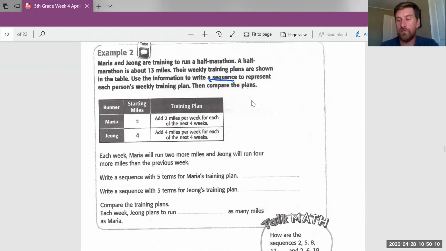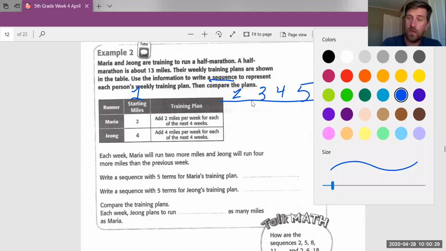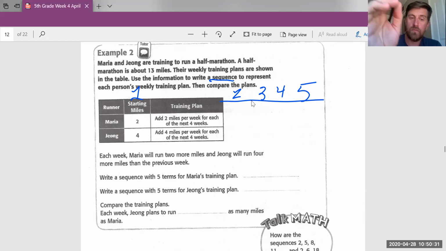Maria is going to start off and run 2 miles. Then she's adding 2 miles per week for each of the next 4 weeks. So if this is week 1, this would be week 2, 3, 4, 5, for both people. Maria's running 2 here, so I know that. It is already telling me to add 2 miles, so that gets a plus 2.